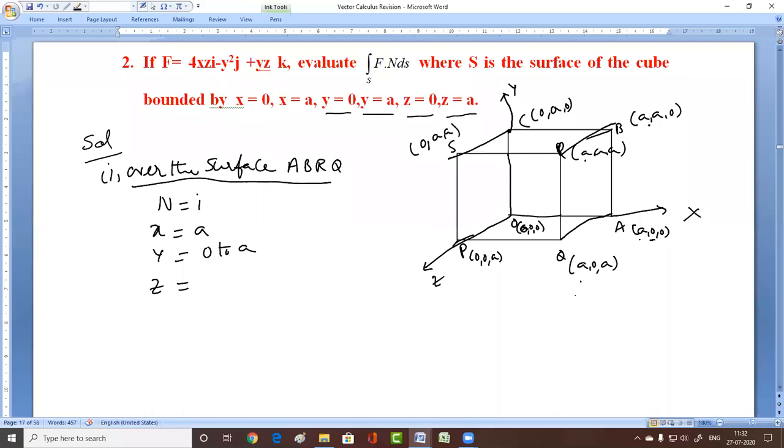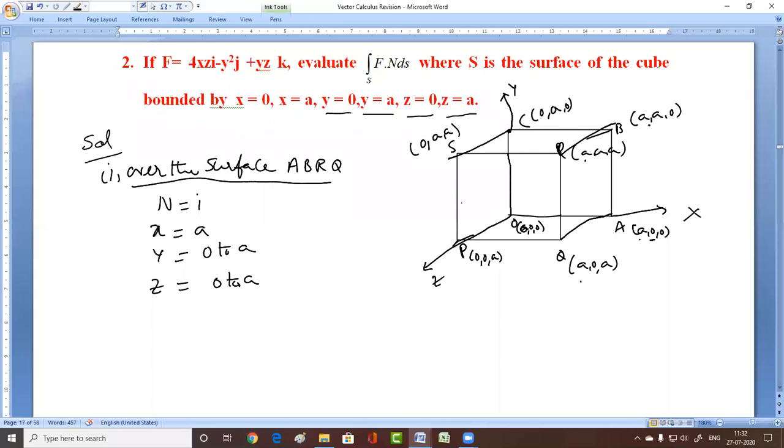Z, along the z-axis, observe the z coordinate, 0 to A only. Now I will repeat again.